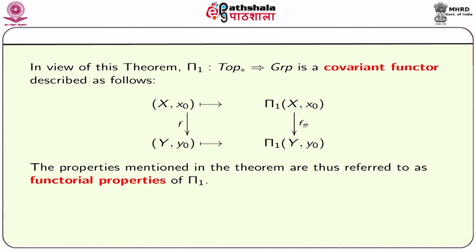So, we have a functorial correspondence pi 1 from the pointed topological spaces to the category of groups. Therefore, the properties mentioned in the last theorem are referred to as functorial properties of pi 1.